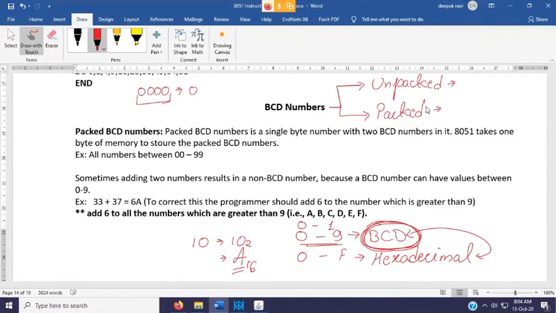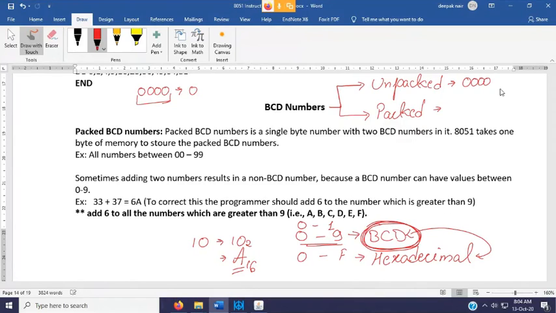Now we know that in 8051 or 8085 or 8-bit systems, they use 8 bits to represent any number, be it 1, 2, 3, 4, any number. When we say unpacked BCD numbers, in that case, the 4 upper bits will always be 0.